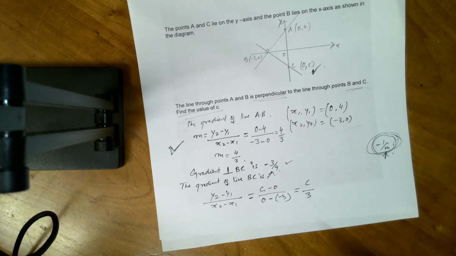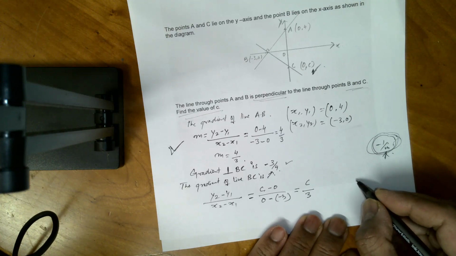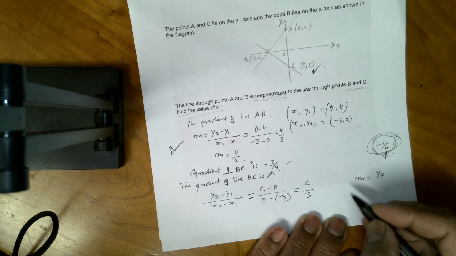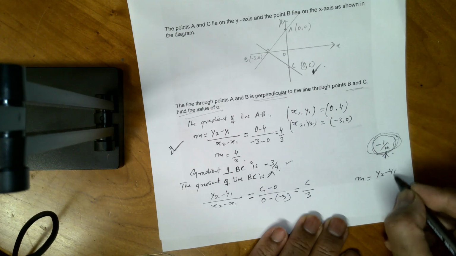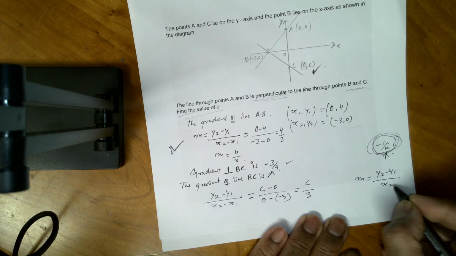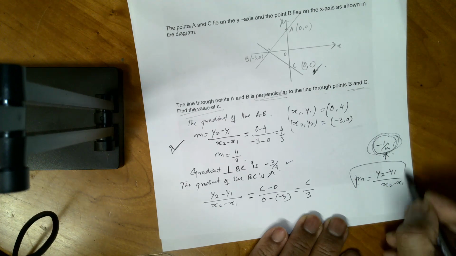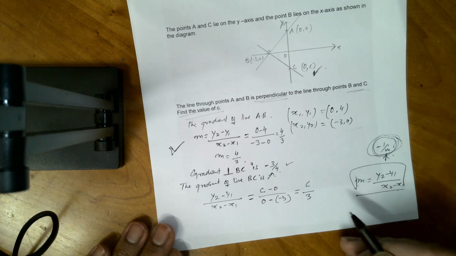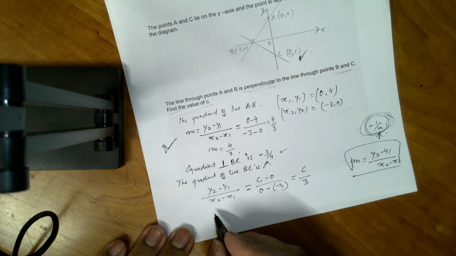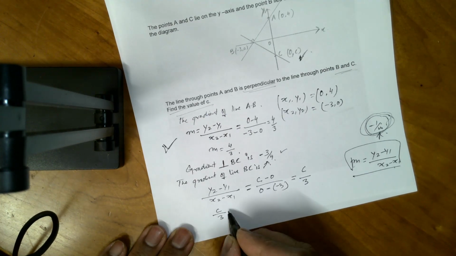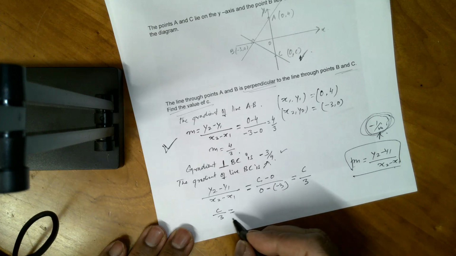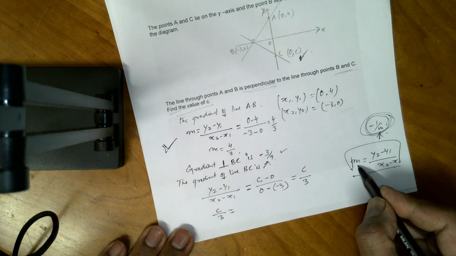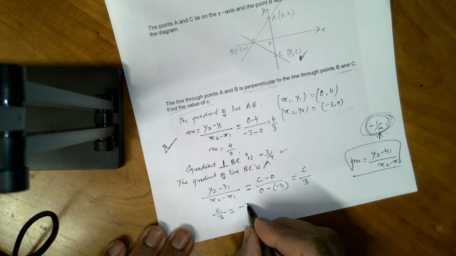So as you know, m is equal to, this is what I'll write down here, and from there you got C by 3. So now you have C over 3, and you have your gradient, because that is your m.